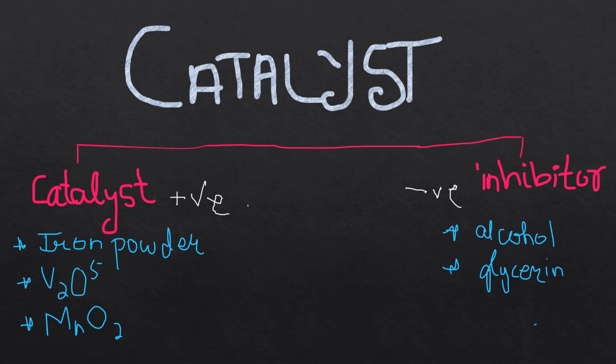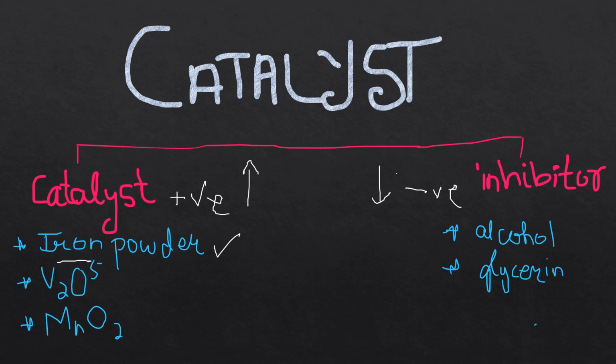A negative catalyst, also known as an inhibitor or retarding catalyst, decreases the rate of reaction. Here are some common examples. Iron powder, as I added it to mash up the potato, is a general example of a positive catalyst.